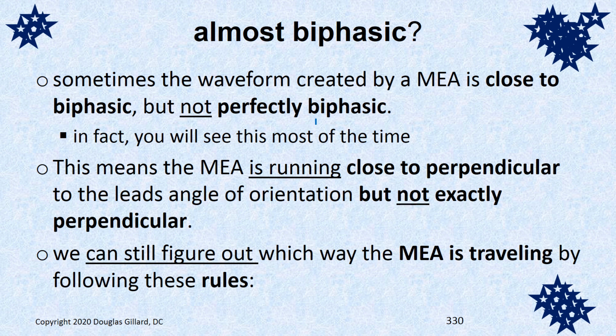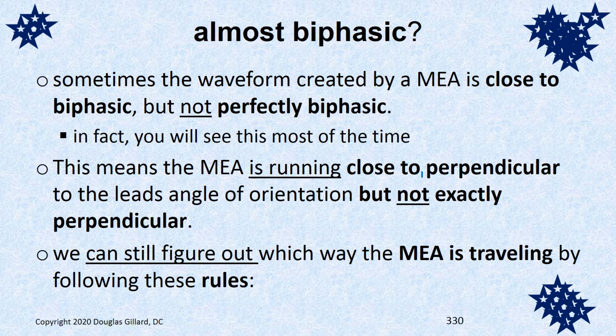Sometimes the waveform created by the mean electrical axis is close to biphasic but not perfect. In fact, these are the ones we're going to be looking for to determine the mean electrical axis. This means that the mean electrical axis is running almost perpendicular but not perfectly perpendicular.